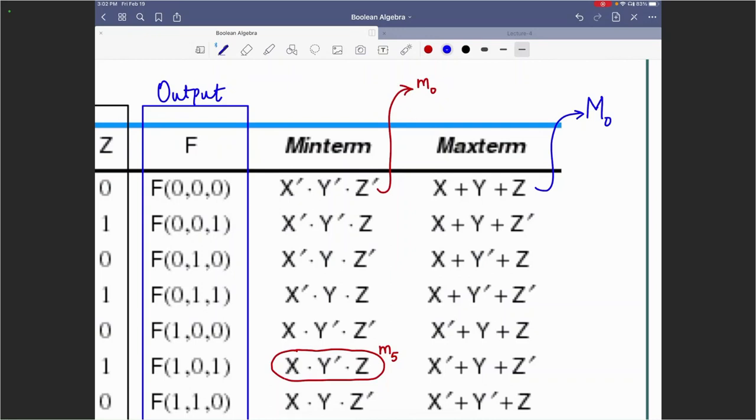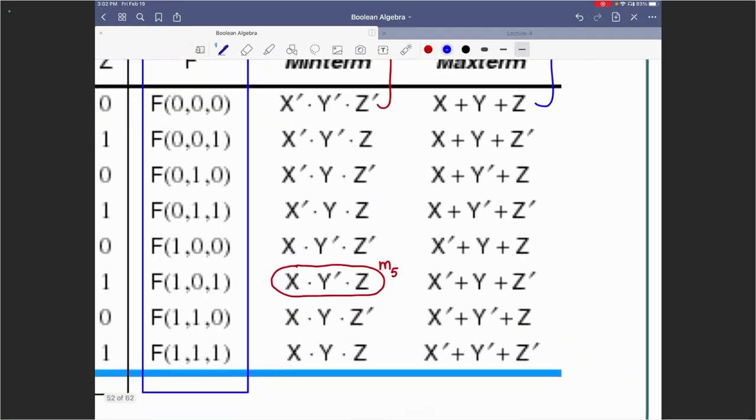And you have to be a little bit careful here, because I often see students get confused identifying these, especially the numbers. If you have X complement or Y complement or Z complement, then I've often seen people say that is max term 0, but it is not. It is what? Max term 7. Good.